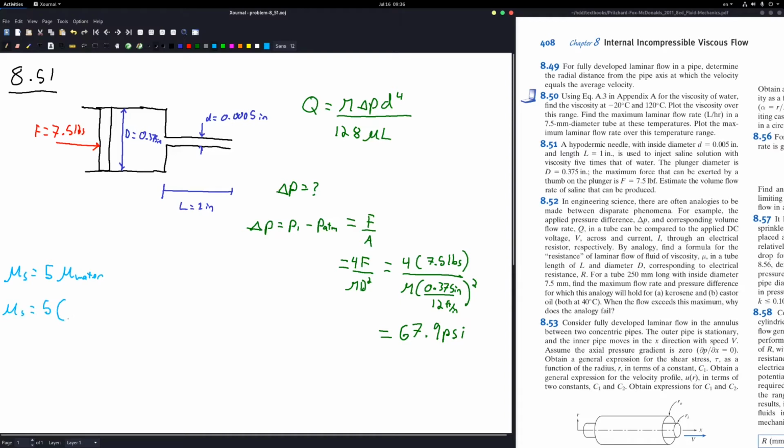The other unknown is the viscosity of the saline solution. In the problem, it is stated that it is 5 times as viscous as water, and therefore the viscosity of the saline solution will be 1.05 times 10 to the minus 4 pound-force second divided by feet squared.